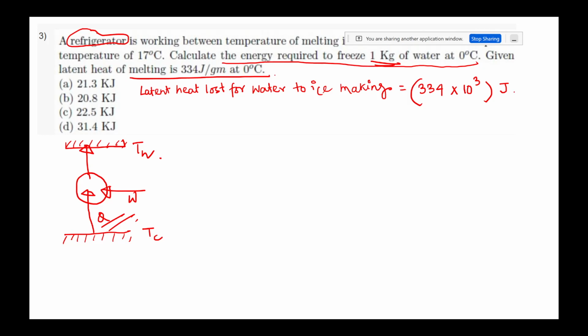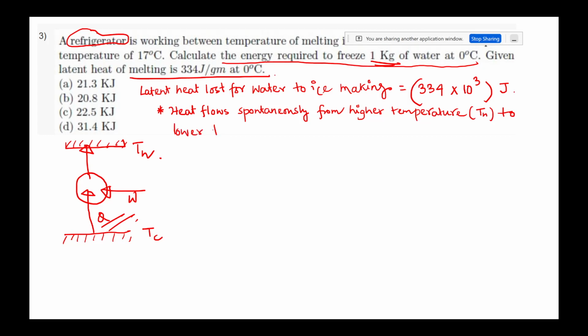So my question was, why should energy be required? Let me write it clearly, otherwise you will forget. Heat flows spontaneously from higher temperature to lower temperature.